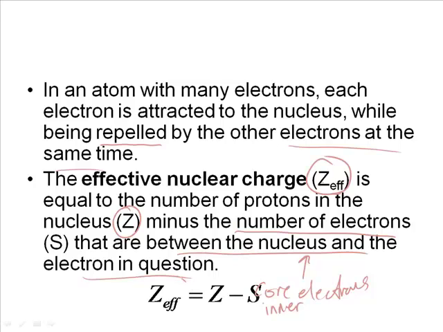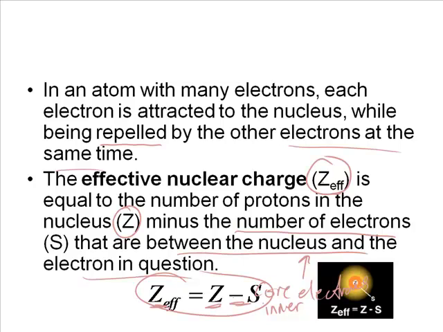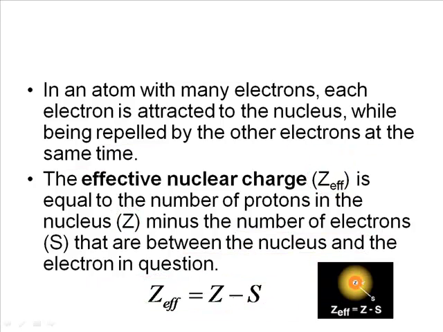Okay, so mathematically we can write that as the effective nuclear charge is equal to the number of protons minus the number of core electrons. So we can see here that we've got Z, so that's the protons. The yellow part here, that's the electron in question, and the orange part here in the middle, that would be the electrons between the nucleus and the outer electrons.